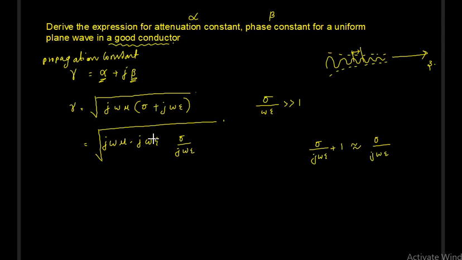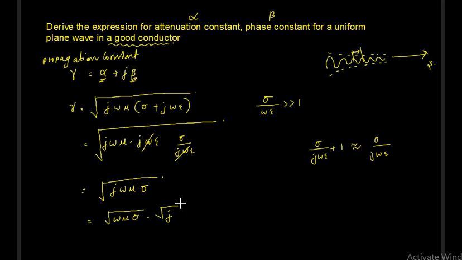Now we can see that the common terms on the numerator side and denominator side get cancelled. So finally we can write it as the square root of j omega mu sigma. Here there is an imaginary term, so we can write it as the square root of omega mu sigma, multiplied with the square root of j.